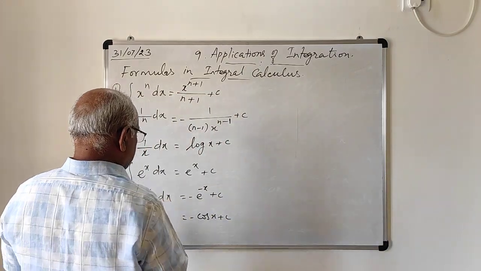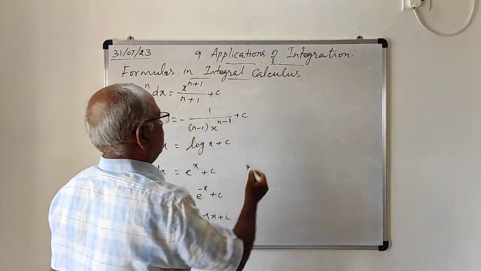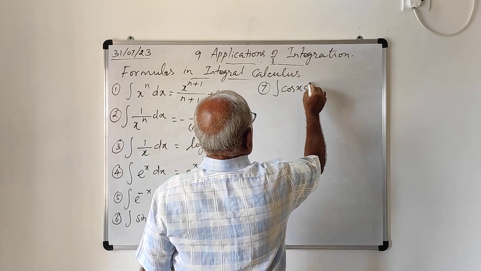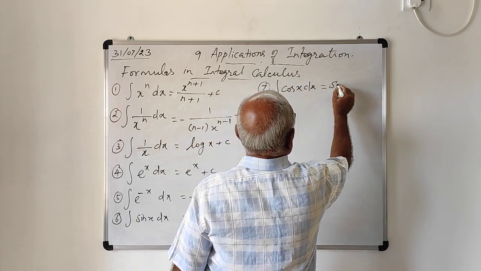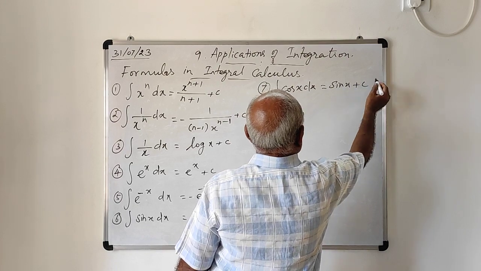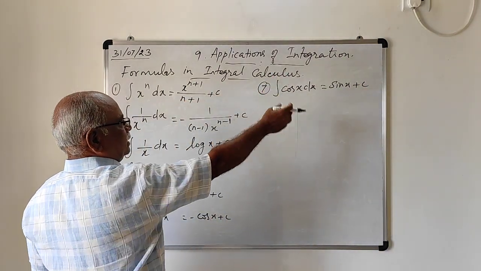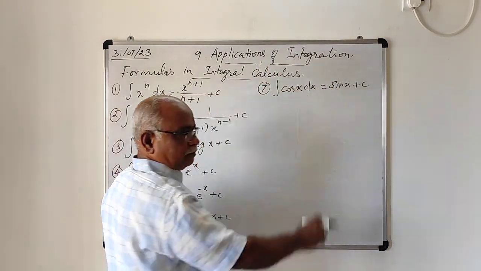Integral of sin x dx is minus cos x plus c. The seventh one. Integral of cos x dx is sin x plus c. Integral sin x is minus cos x. Integral cos x is sin x because derivative of sin x is cos x.